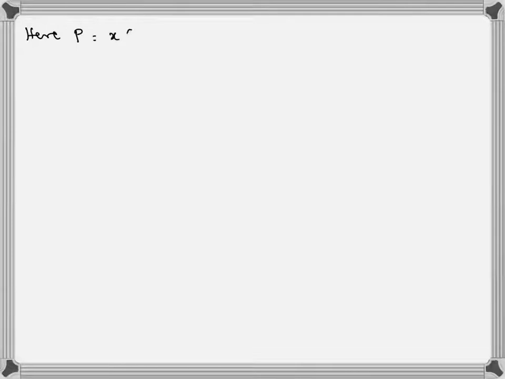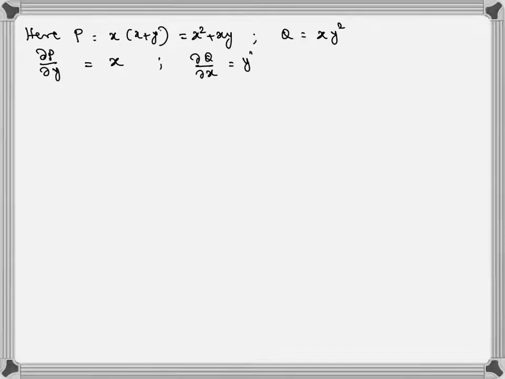So here P is x(x + y), which is x² + xy, and Q is xy². So the partial derivative of P with respect to y is x, and the partial derivative of Q with respect to x is y².